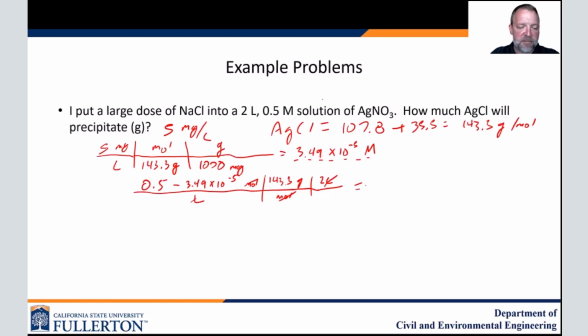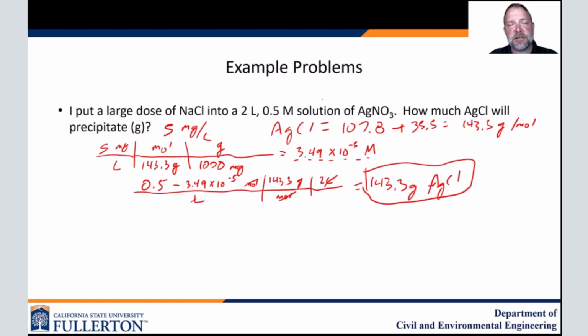So 0.5 minus 3.49 times 10 to the negative fifth times 143.3 times 2 gives us 143.3 grams of silver chloride as a precipitate. And then you could filter that out of the solution, burn it, you heat it up a certain amount, and it turns into elemental silver, which you can then sell, of course.